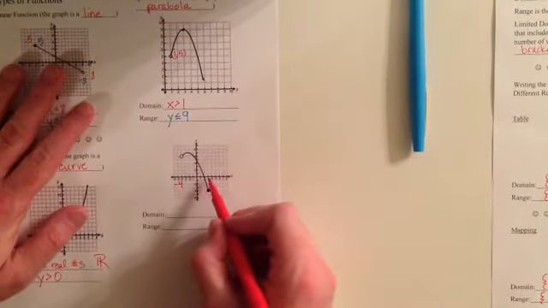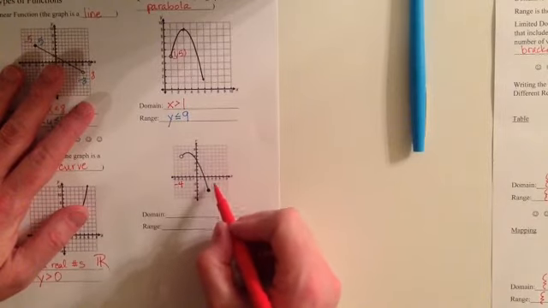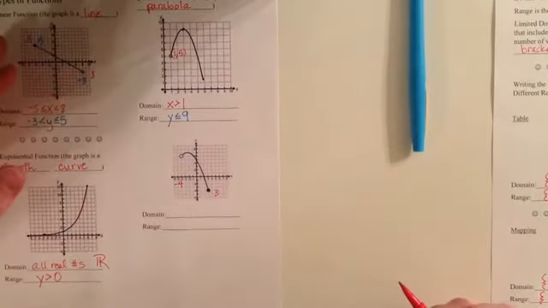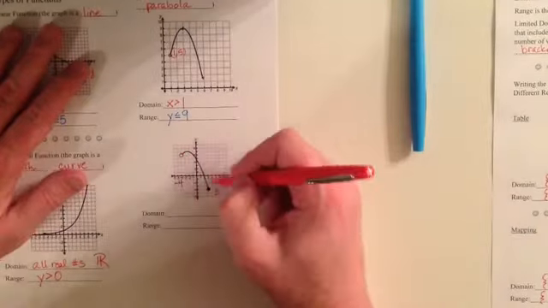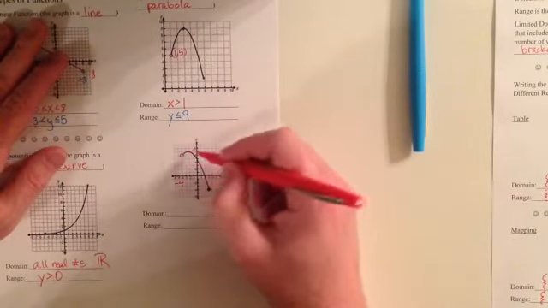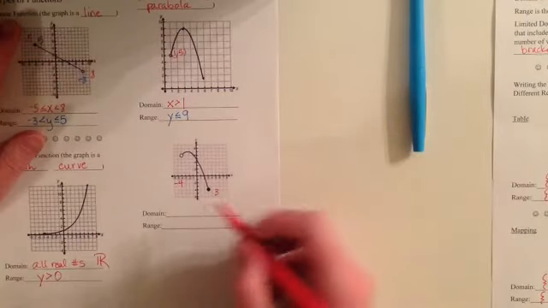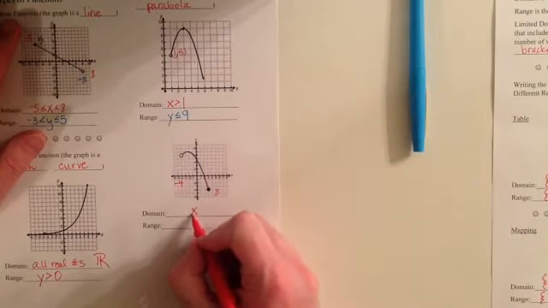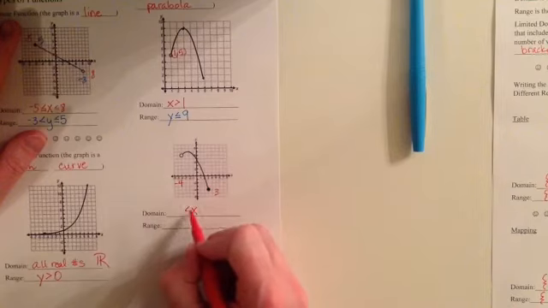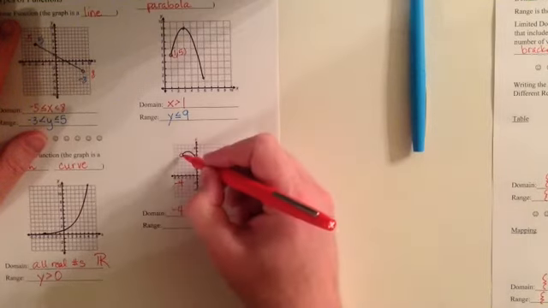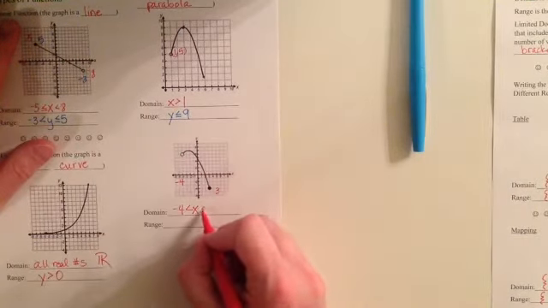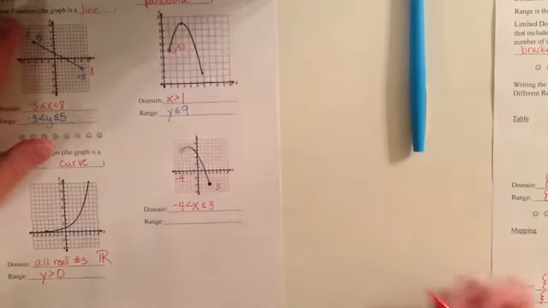And the farthest x value on the right is the number 3. Because it's got 2 stopping points, I have a compound inequality just like over here. So I'm going to put x in the middle. And we know that x is greater than -4, because there's an open dot, less than or equal to 3.